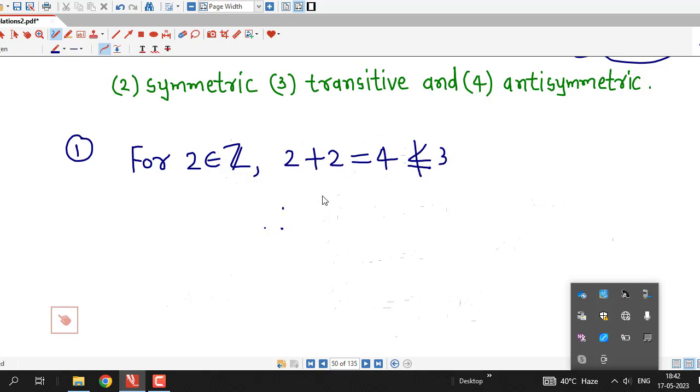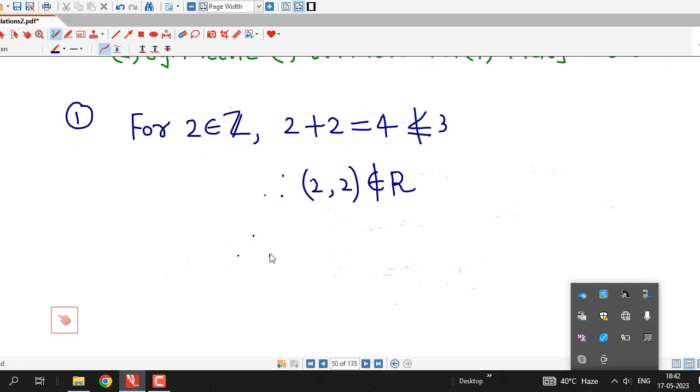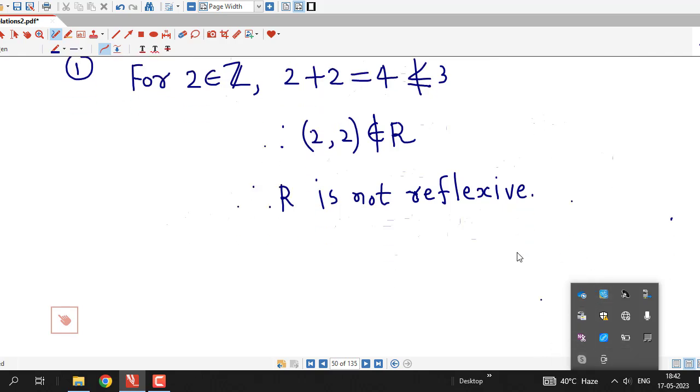So because 2 plus 2 is not less than or equal to 3, (2, 2) is not in the given relation, and therefore R is not reflexive. If R is reflexive, then we must have the ordered pair (A, A) belong to R for every integer A, but that condition is not satisfied here, and therefore this relation is not reflexive.